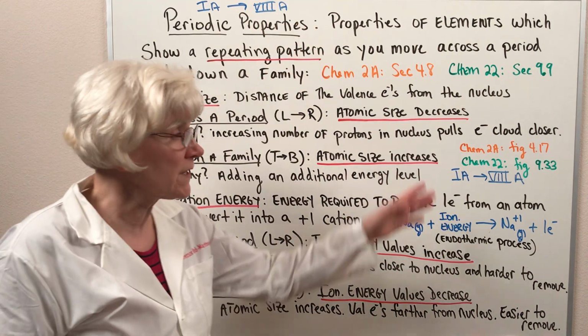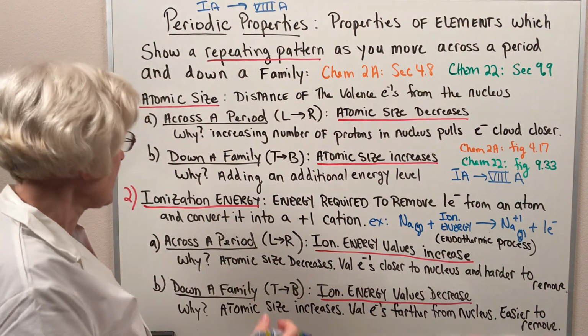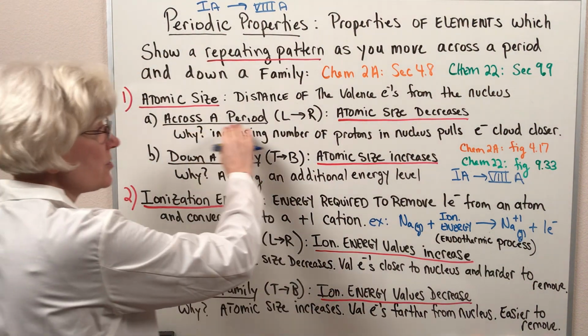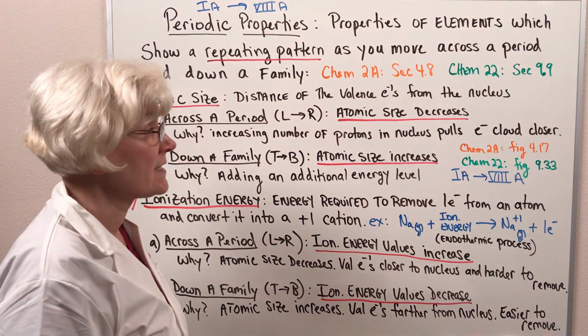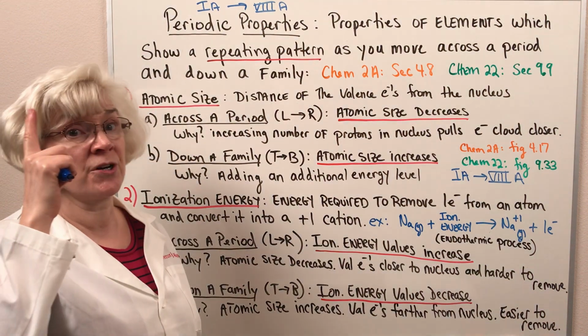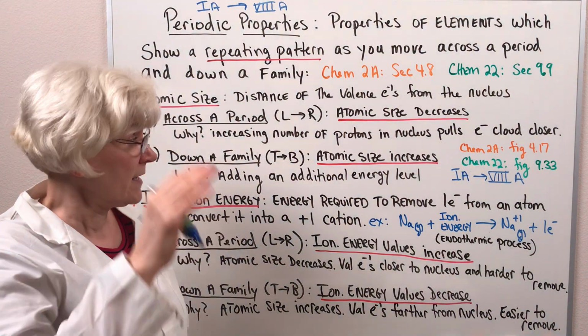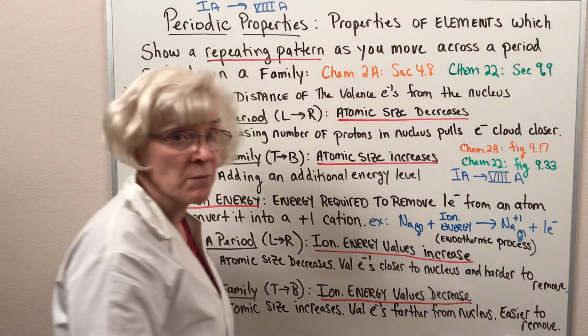Looking at figure 4.17 or 9.33, it's immediately clear that as you go across a period left to right, atomic size decreases. So you can just take that mental picture of that figure and put it in your head, and it's obvious size is getting smaller.